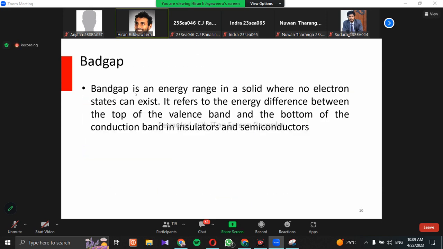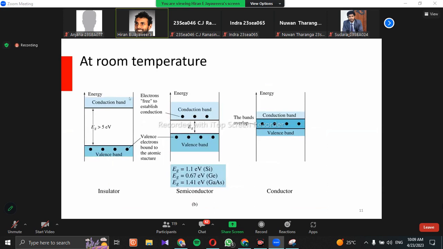Right. So the band gap, I'll explain it. You can see the same diagram here, but with a little bit more information. This is the valence band for the insulators. This is the valence band for semiconductors, and for conductors, the valence band and the conduction band overlap.